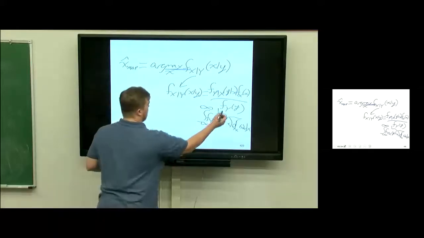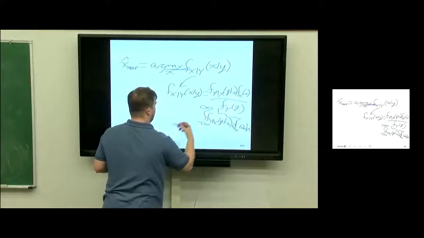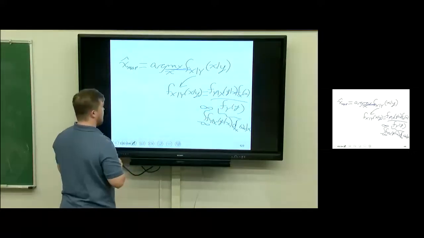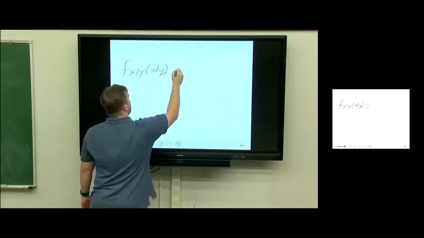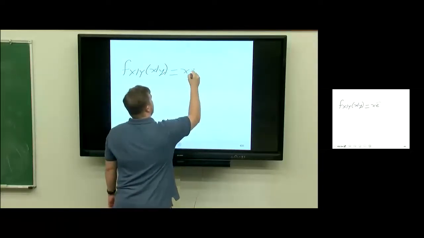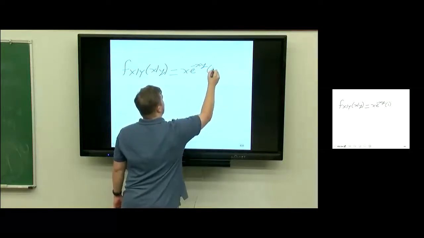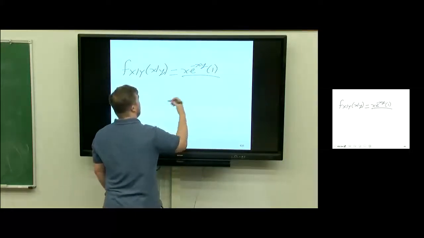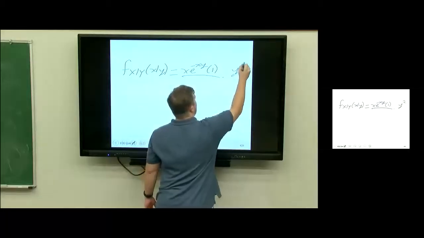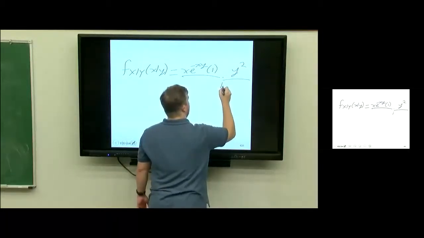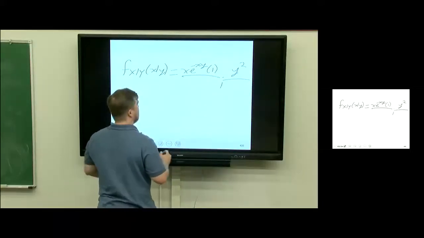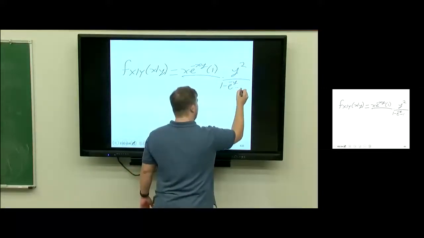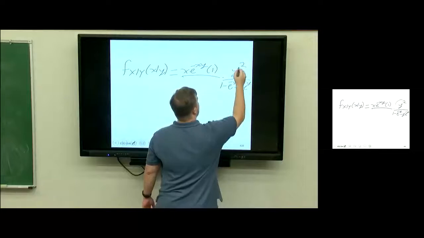So if we go back here, we're going to substitute this in, substitute in our likelihood, substitute in our prior, and that'll give us our posteriori density. So f sub x given y equals x e to the minus xy times 1 over, but I'll flip it, y squared over 1 minus e to the minus y minus y e to the minus y.